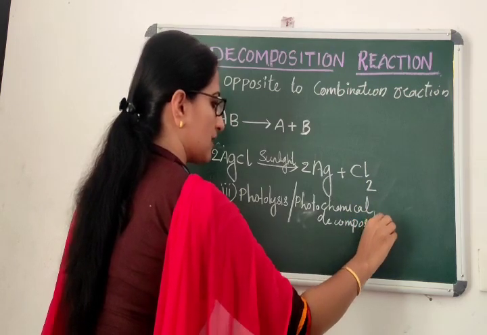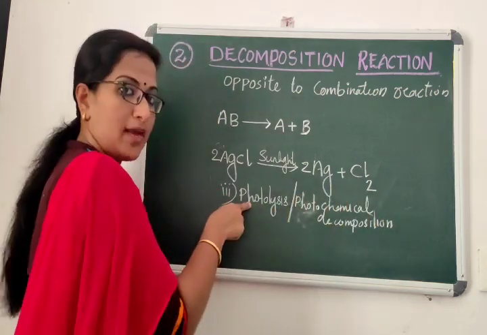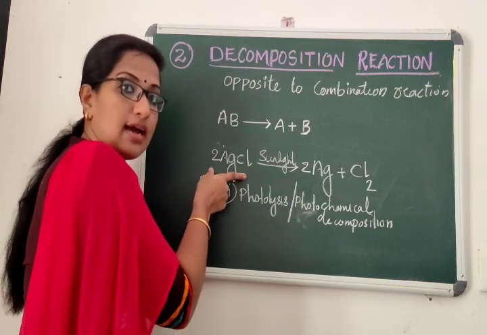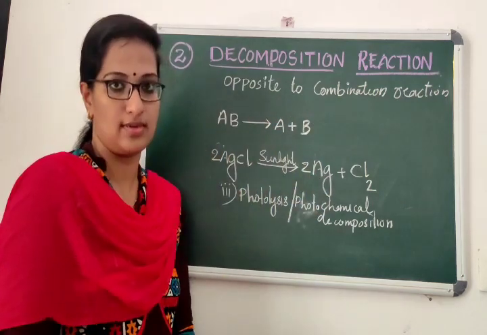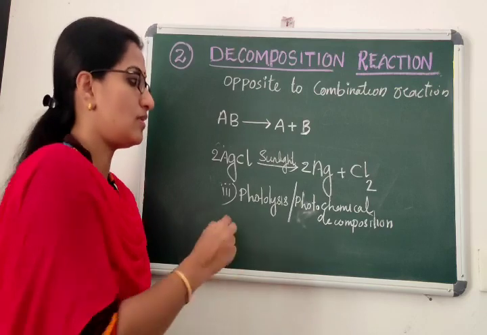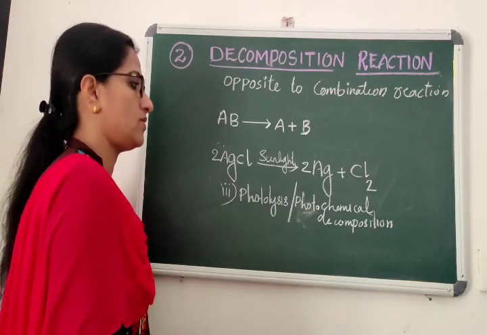Because in the presence of sunlight, photon means sunlight. So in the presence of sunlight, the single reactant undergoes decomposition and is converted to two products. So this is another example of a decomposition reaction.